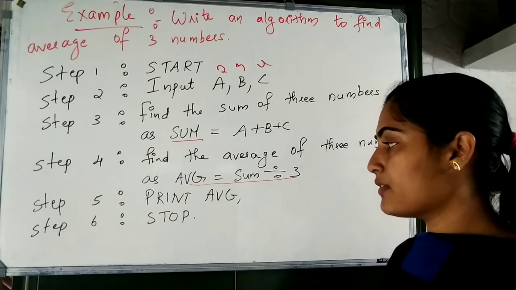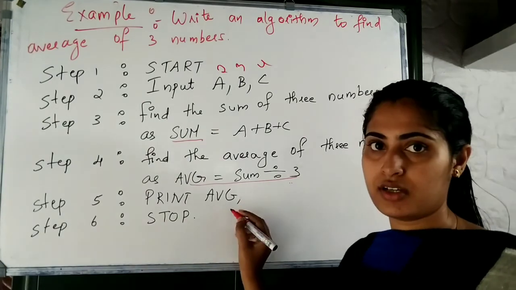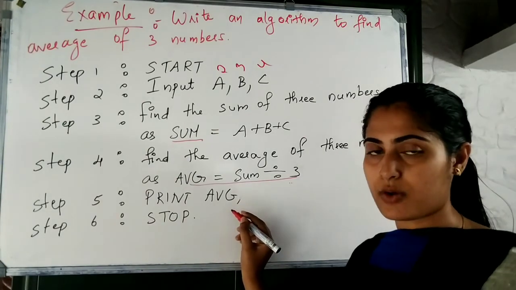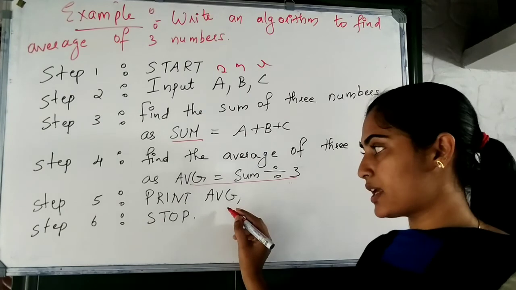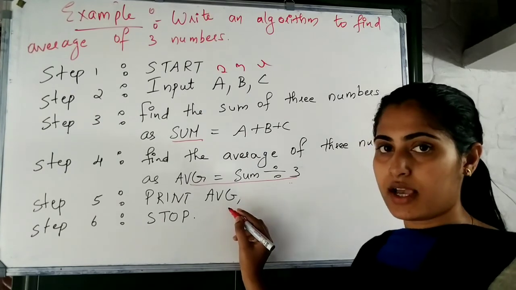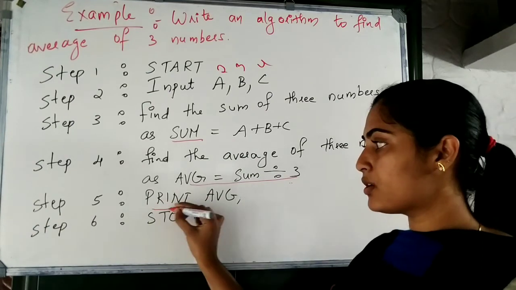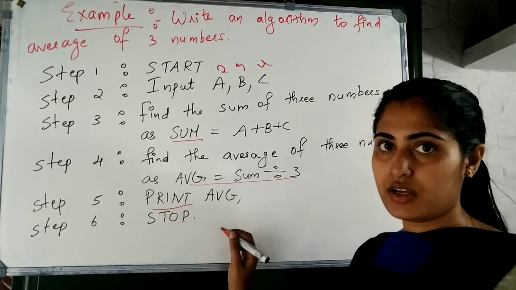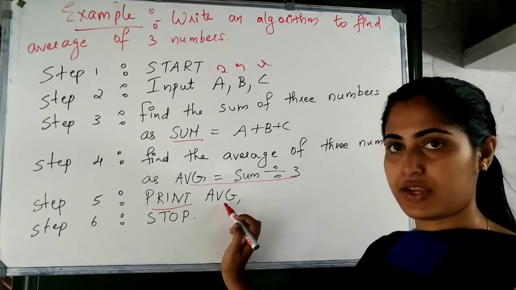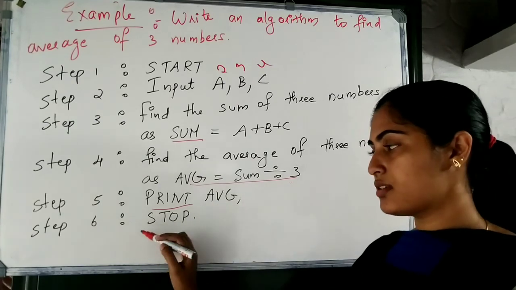Step number 5 is print average. So my processing is completed and I want to get the output. Whenever you want to output, you should use the word print or write. So here I am printing the average. And step number 6 is stop.